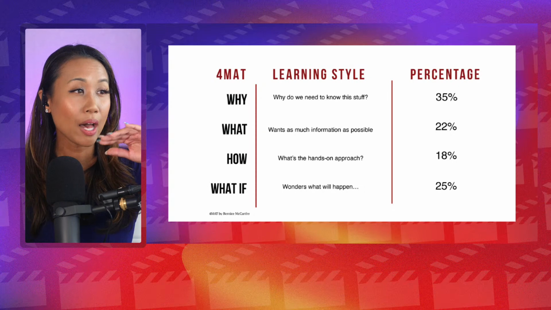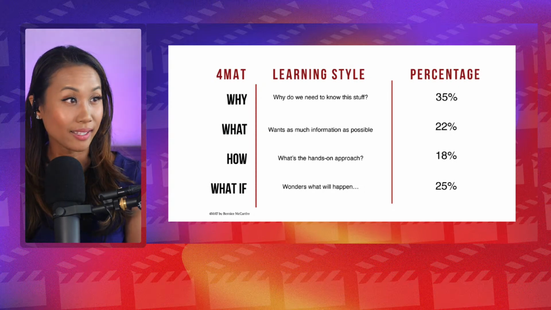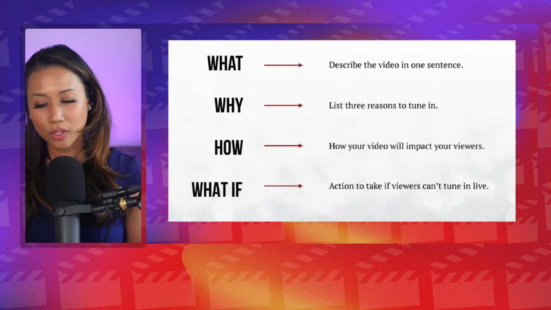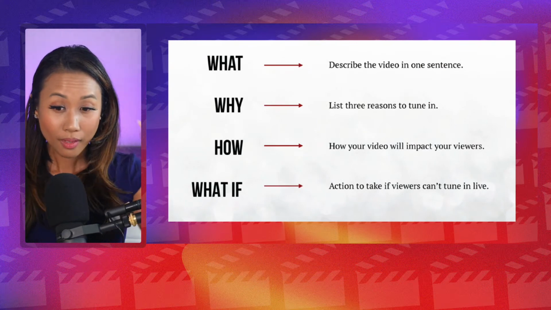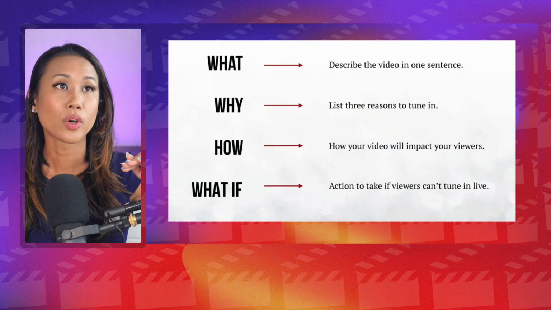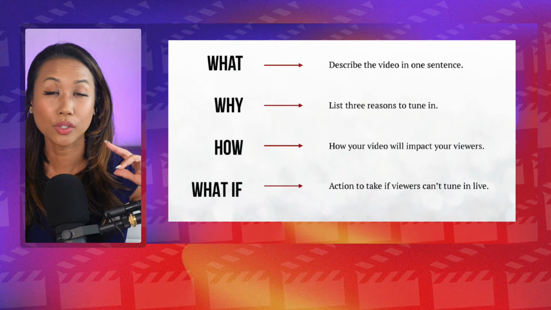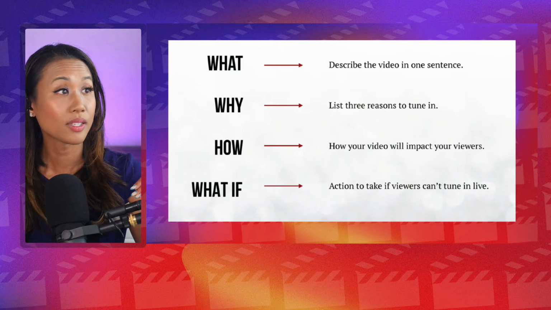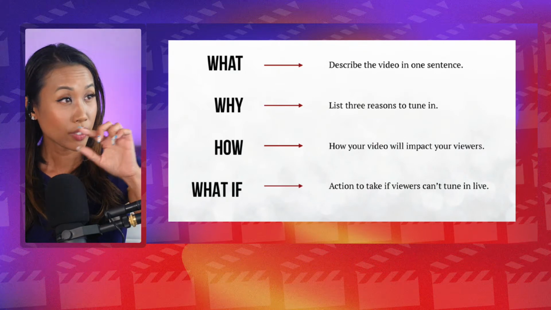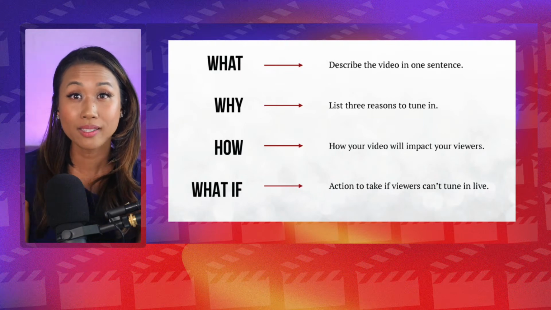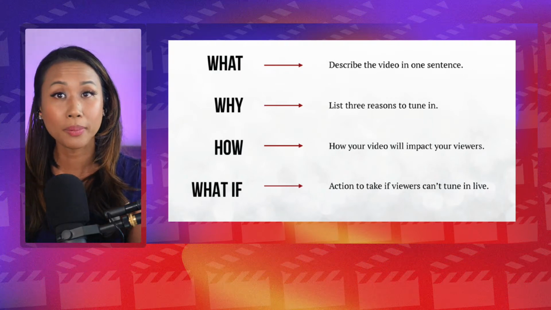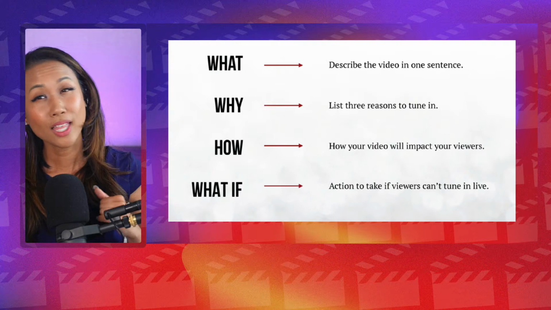So let's talk about how you would actually apply this. The way that I usually do this is I do an intro video, or even in the intros, the hooks, the teasers, and the video script maker, you see this. So I'll say, okay, the what? Describe the video in one sentence. Describe the live shopping event in one sentence. Then you're going to tell them why.